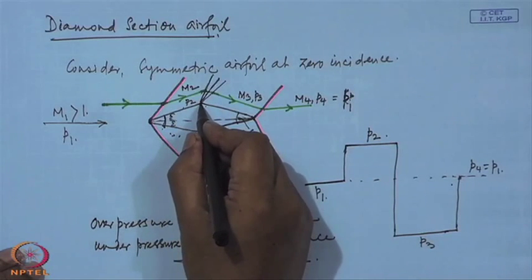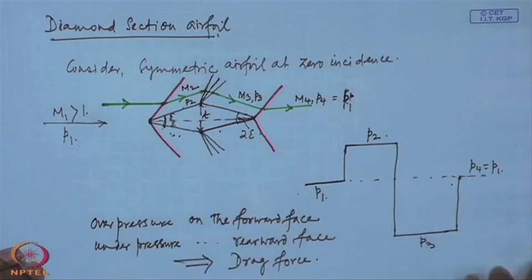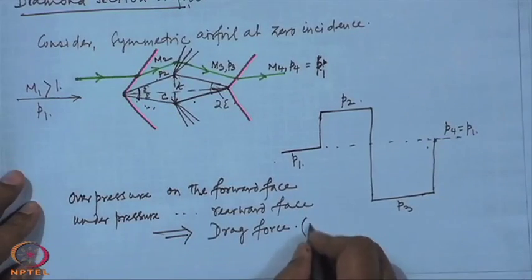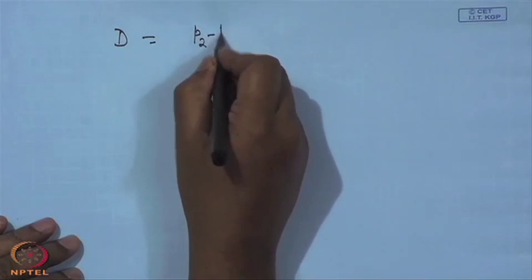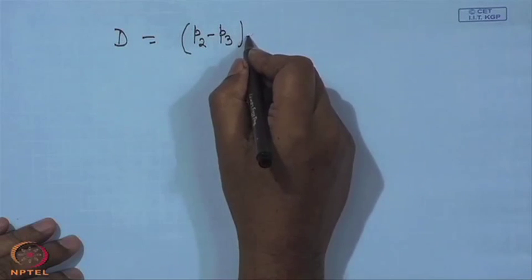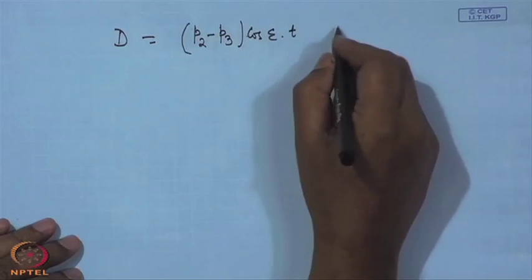Now, if we denote the maximum thickness by T and the chord by C, then the drag force D can be written as P2 minus P3 into a component of P in the drag direction into T per unit span.